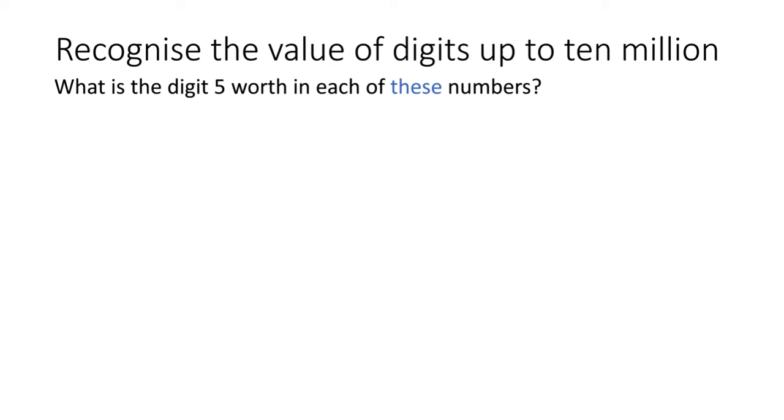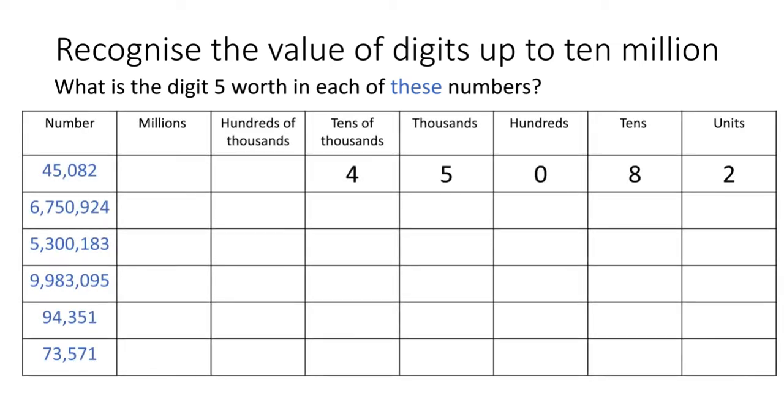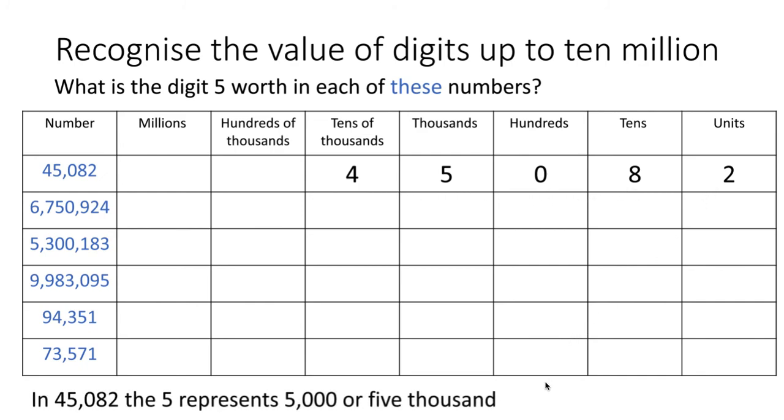To show you what I mean, here's an example. What is the digit 5 worth in each of these numbers? There's my table. The first number I've written out is 45,082. And underneath I've written, in 45,082, the 5 represents 5,000 or five thousand.